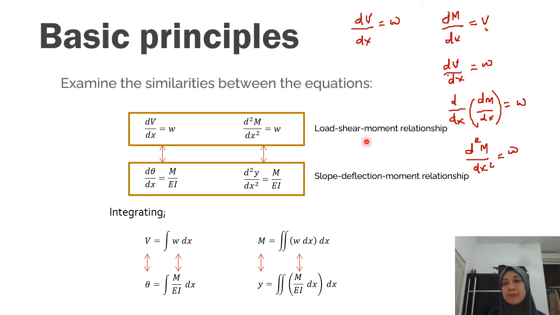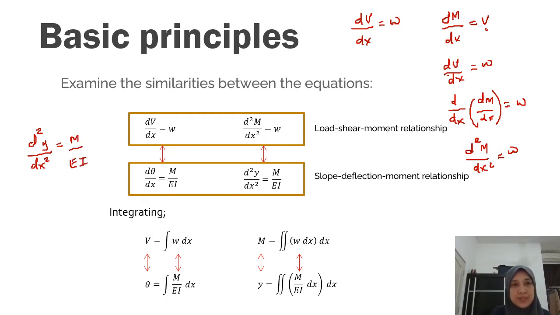Also, from the beam theory that we have done before, related to the double integration method, we know that d squared y over dx squared is M over EI.